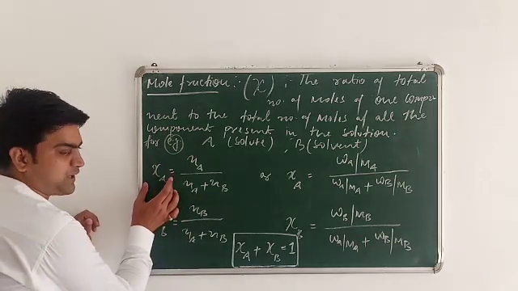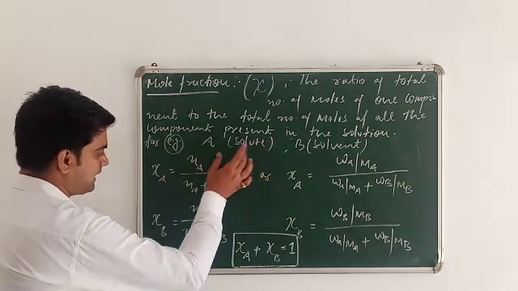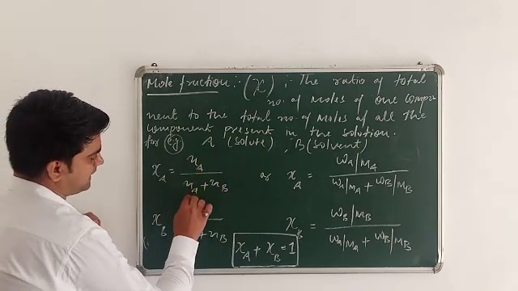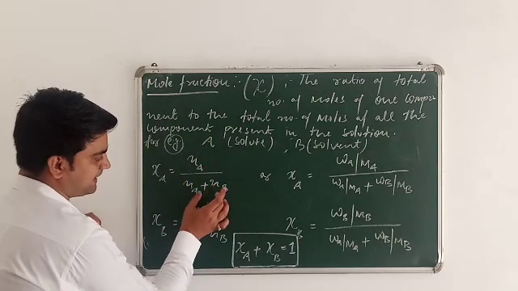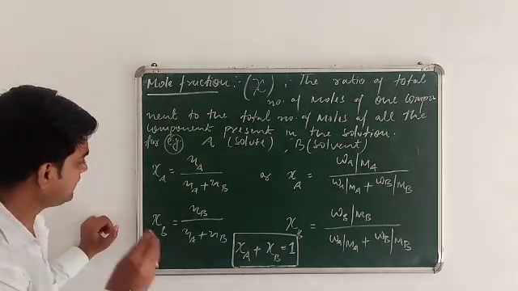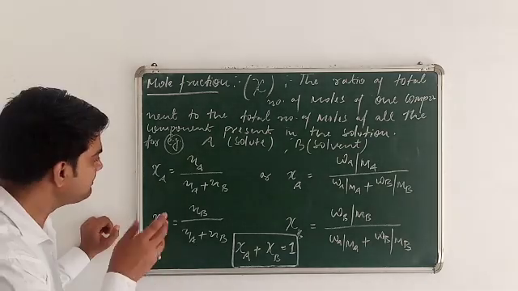This is the mole fraction of component A, that is the solute, and this formula is chi A is equal to Na upon Na plus Nb. Here Na represents the number of moles of component A and Nb represents the number of moles of component B.